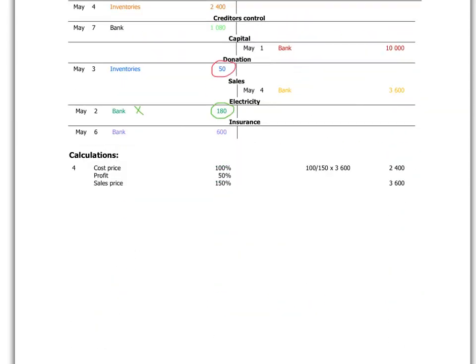So if we look at the calculation, the cost price equals 100 because the profit was made on cost price. There's a profit of 50%. That means I must add the 50 to the 100, and my sales price then equals 150%. They gave me the sales price as 3,600.